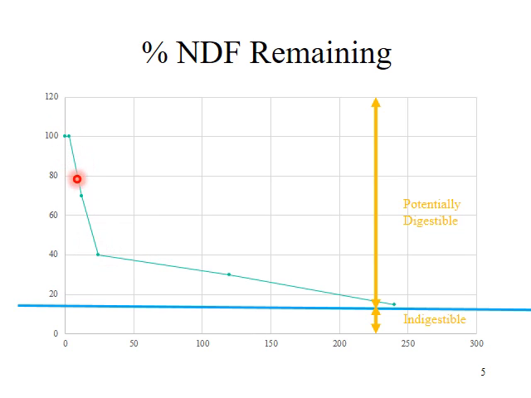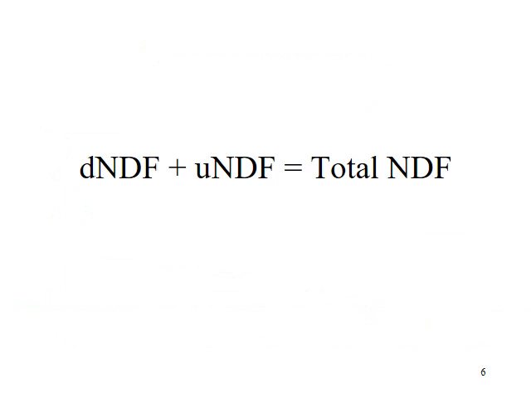So in this case, somewhere around 60% of the NDF is digested, and then 40% is undigested. 25% would be potentially digestible, but 15% is not.